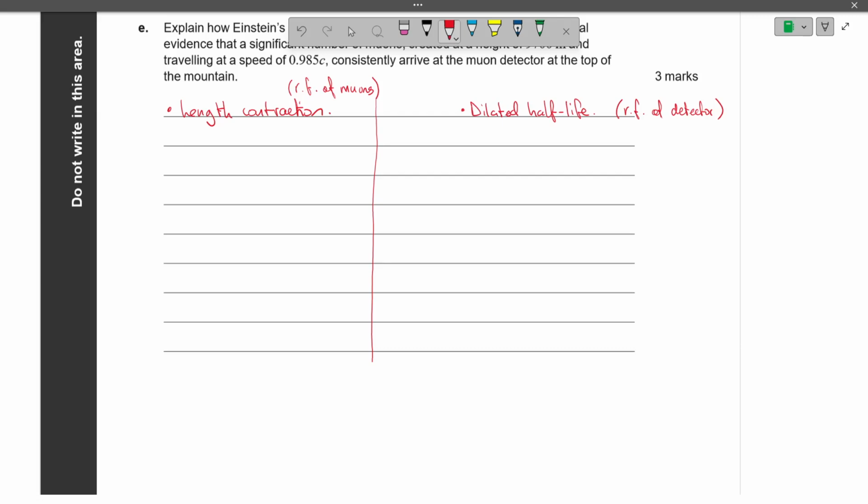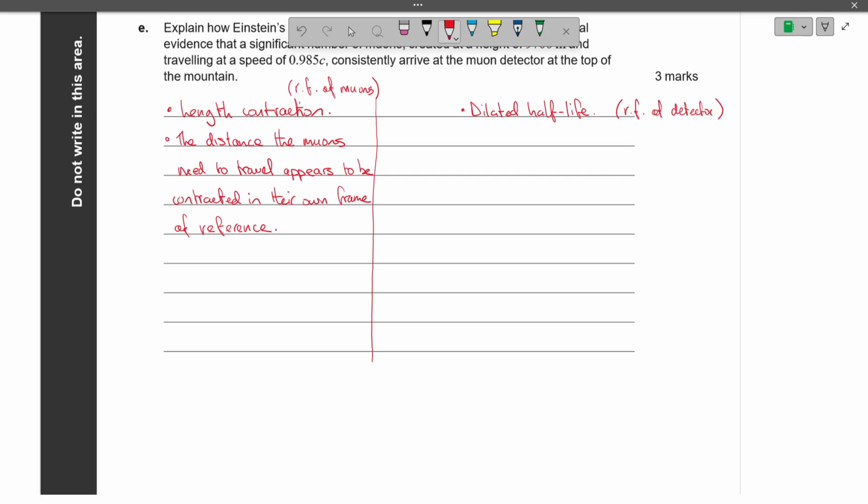So you say length contraction, the distance the muons need to travel appears contracted in their own frame of reference. Again, sorry for the writing and the silence.